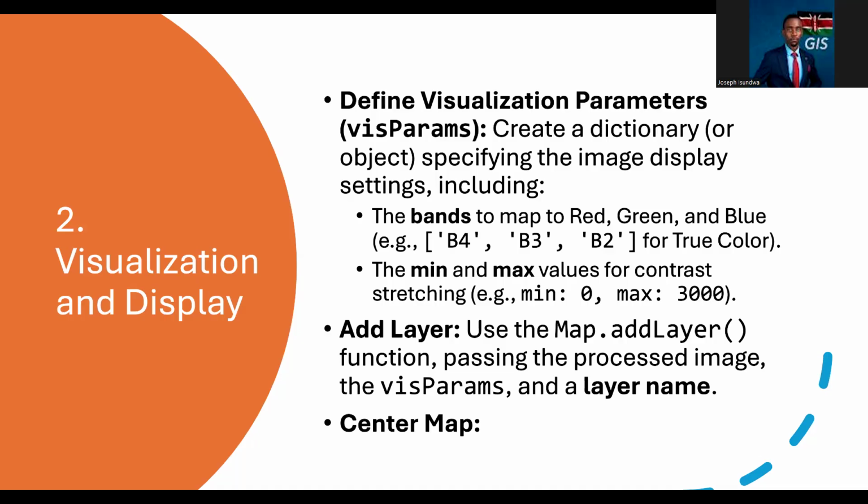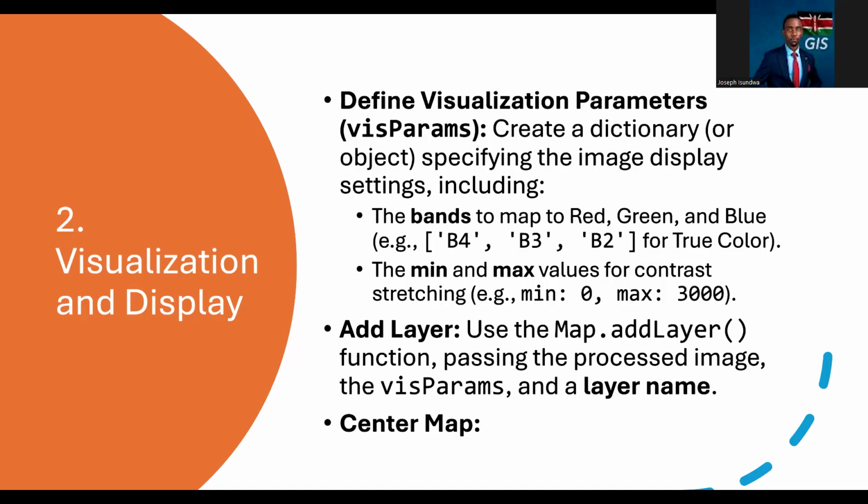Then there is another function when it comes to visualizing and displaying, which is called add layer. So add layer is basically to add a layer to our map, right? You know, from the code editor, whatever we write, we see it on the map. So if you use Map.addLayer and then specify what you are adding between the brackets, that will add your layer.